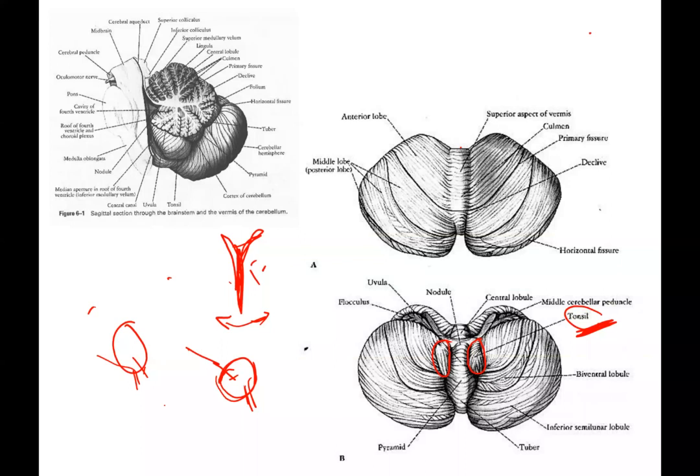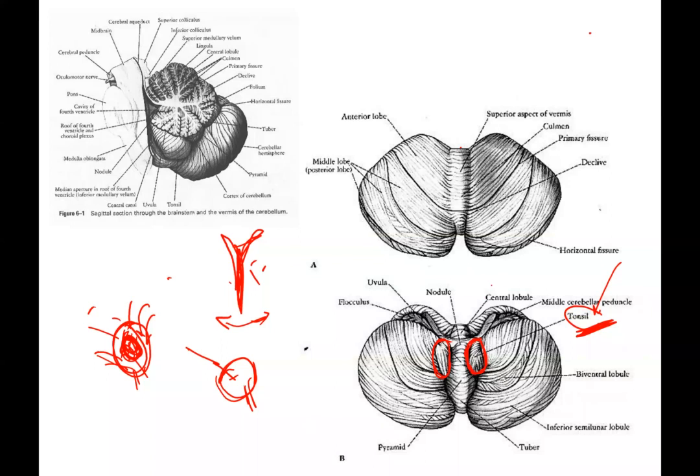That can compress the spinal cord and the person can die. The medulla also can get compressed because it's very close. So your respiratory centers and cardiac centers also can get affected. This is called cerebellar tonsillar herniation.